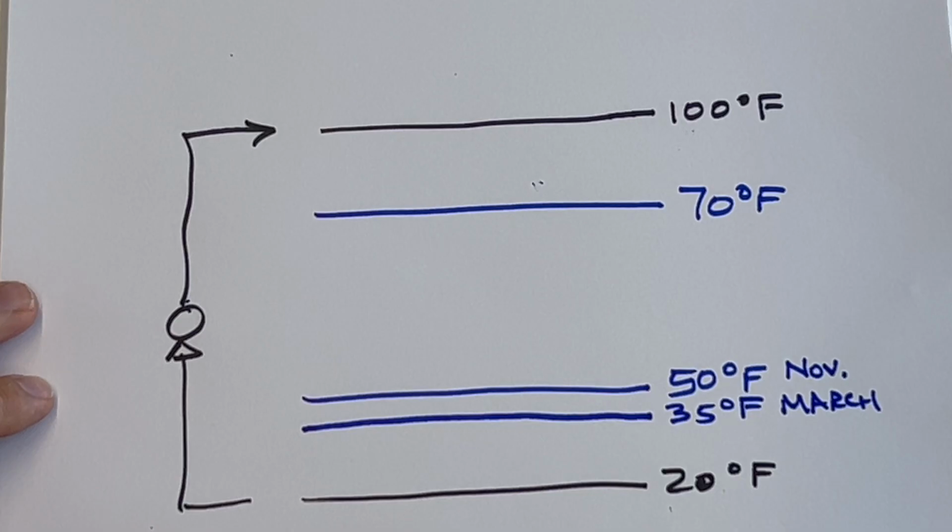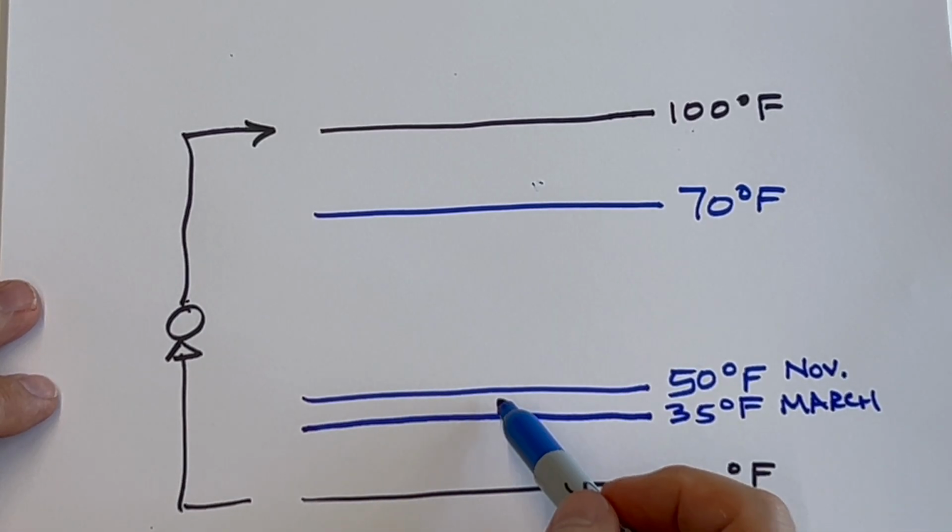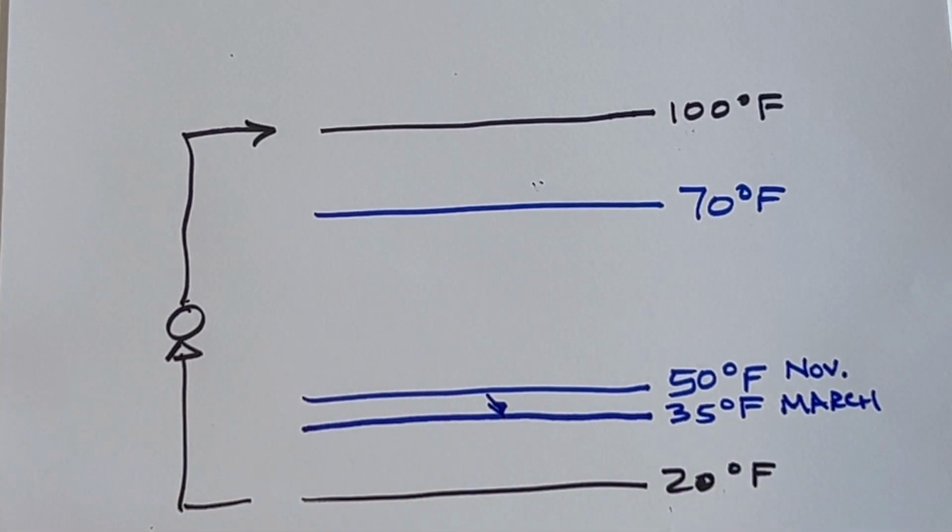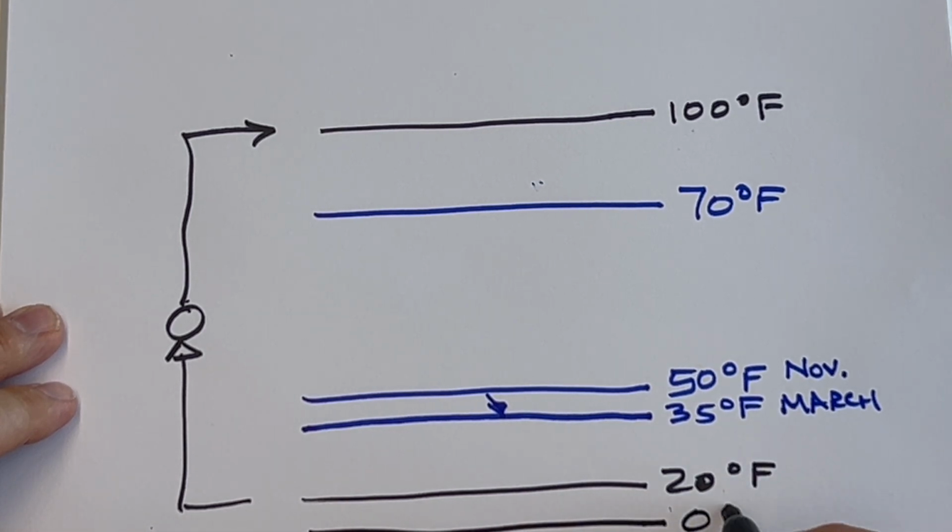And so later in the winter, a ground source heat pump has lower water temperature. Our rule of thumb, we're going to subtract 30 degrees. The refrigerant's going to be down at, not 0, I'm so sorry, it's going to be down at 5 degrees Fahrenheit.